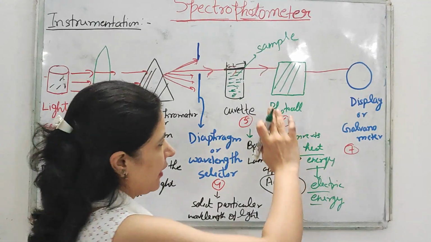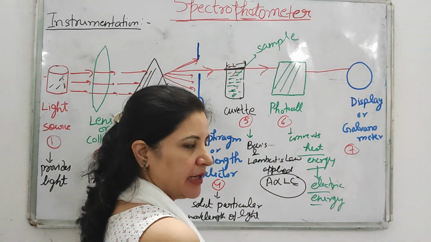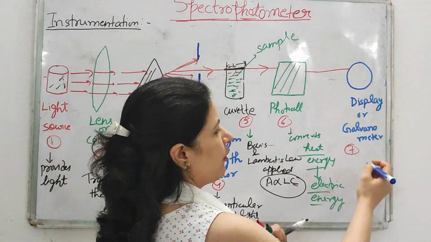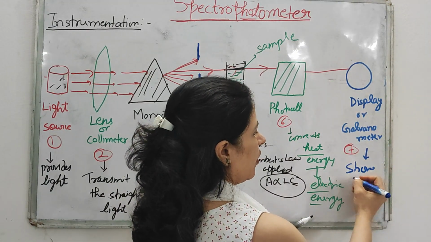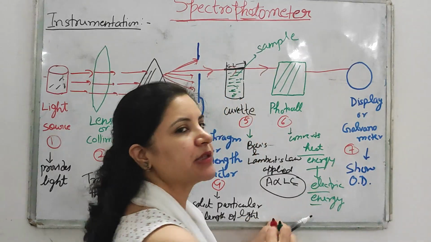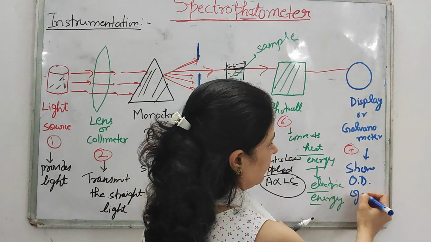Alright, and then the display, which is also known as the galvanometer. What is the function of the display? It will show OD, that is optical density, of your solution.